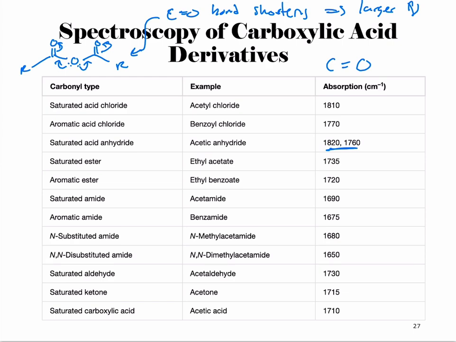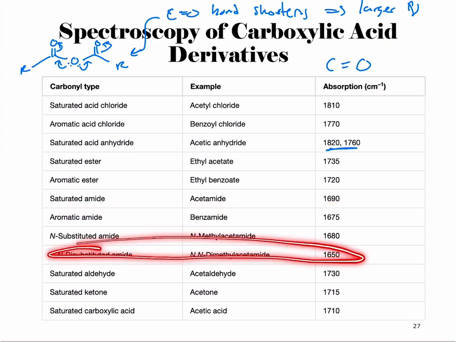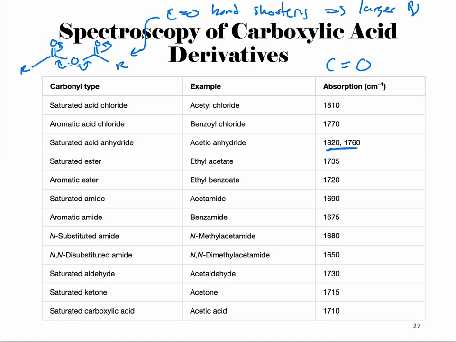If we look at acid chlorides, they also move to slightly larger frequencies. Whereas if we have something like a saturated amide, where we have an electron donating group close by, this is going to move to a smaller frequency. If we look at a disubstituted amide, that'll be even a lower frequency as electron density is added to lengthen that bond.